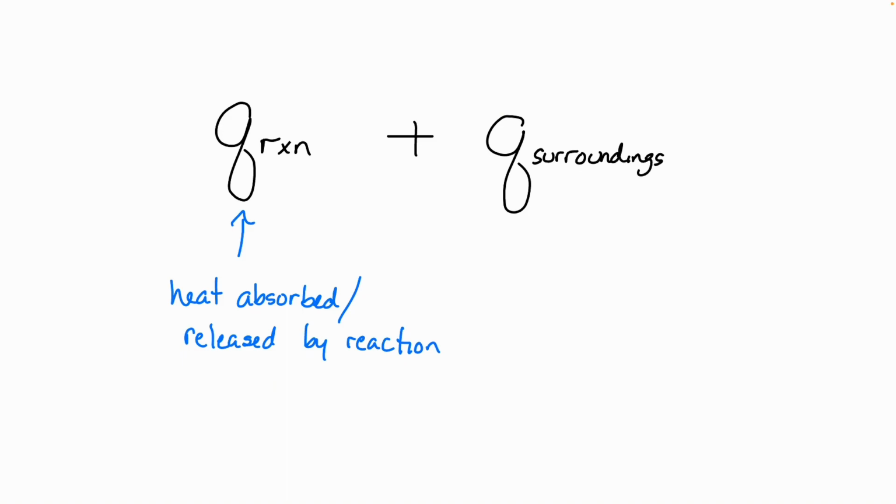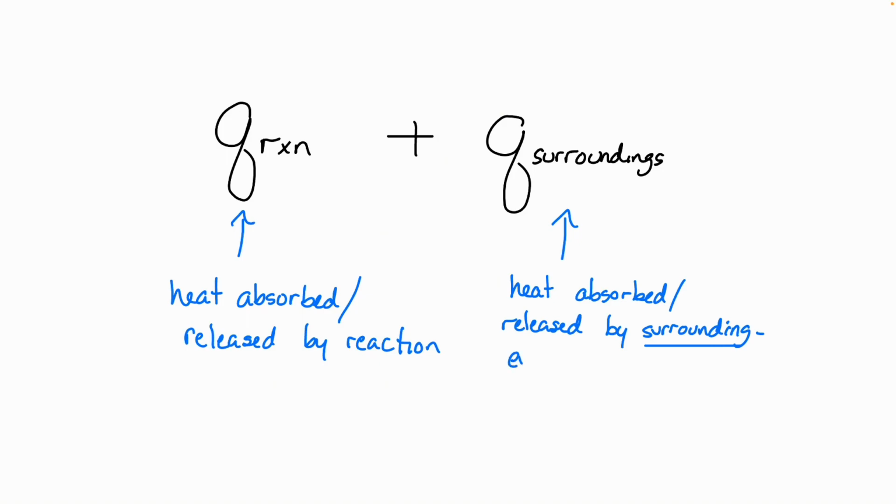And your surroundings are everything outside of that chemical reaction. So our Q surroundings is the heat that's absorbed or released by our surroundings. And again, our surroundings is just everything except that reaction.